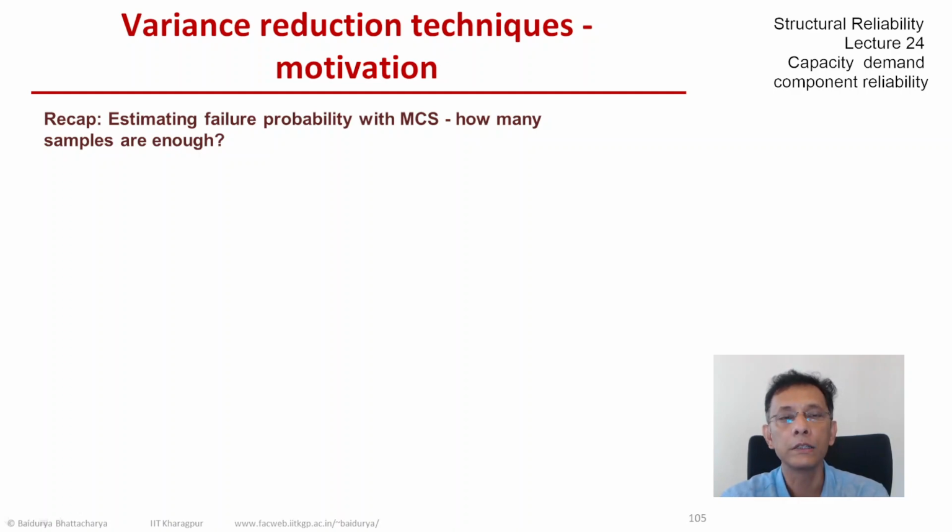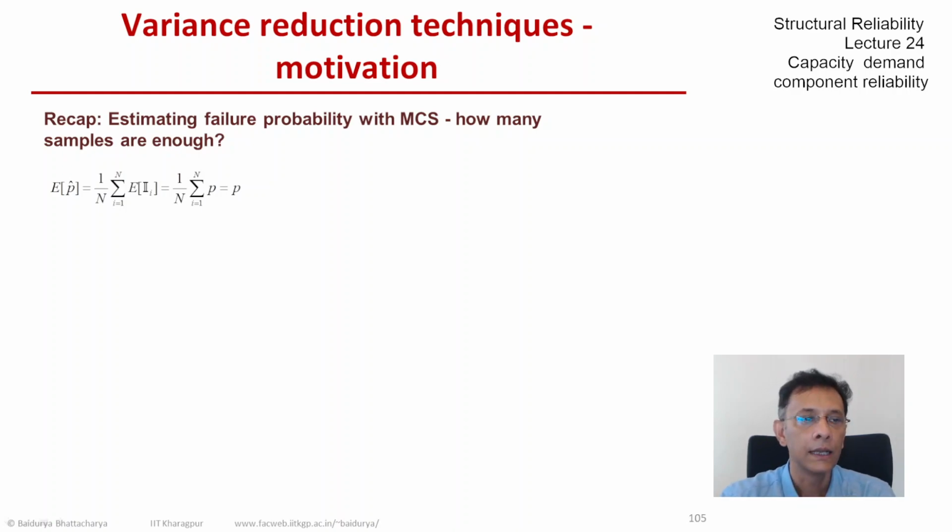We perform Monte Carlo simulations repeatedly to estimate an unknown probability, typically a very small probability, by generating IID samples from the joint distribution of the basic variables of the problem, and the estimate p hat, which is in some sense an average of an indicator function, is a random quantity because of the finite sample size.